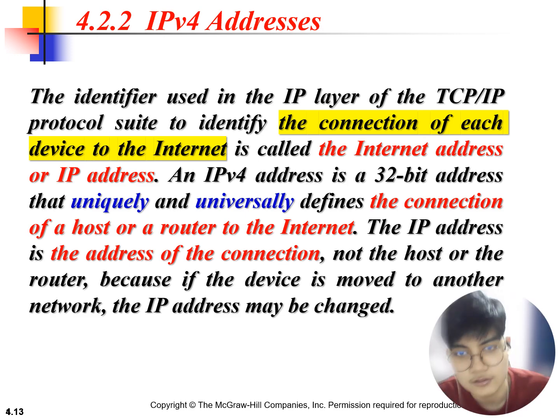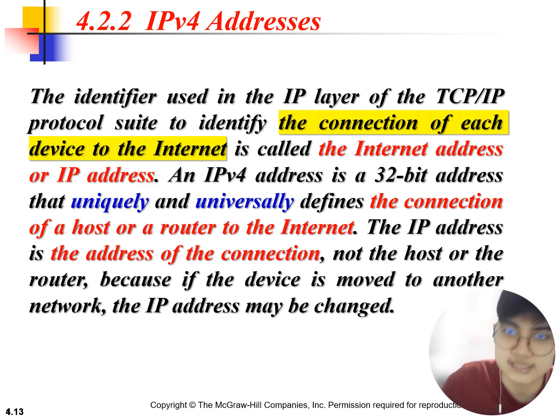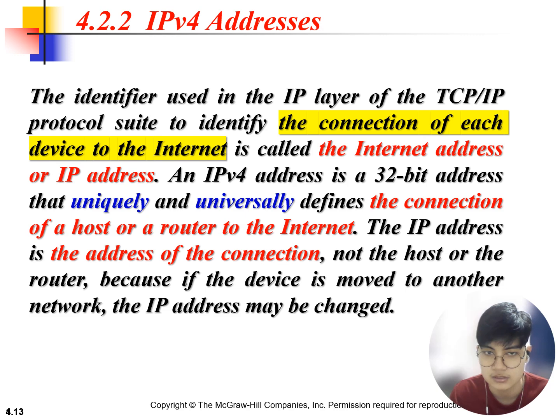An IPv4 address is a 32-bit address that uniquely and universally defines the connection of a host or a router to the internet. The IP address is the address of the connection, not of the host or the router, because if the device is moved to another network, the IP address may be changed.